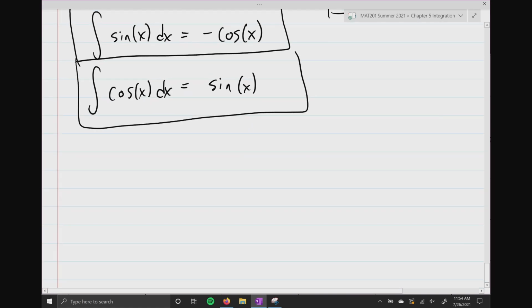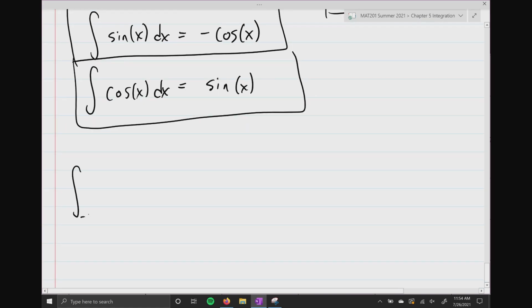So our problem was the integral from negative pi over 4 to 7 pi over 4 of sine x plus cosine x dx. Okay, well, this one I'm going to go ahead and use some of the properties so you can see what's happening.